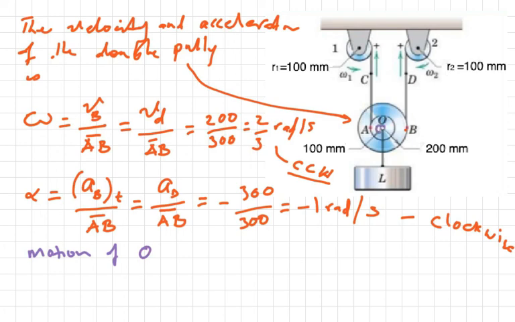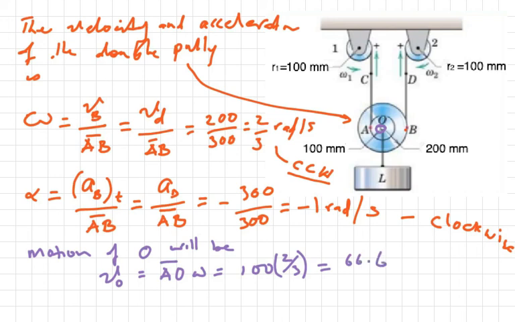Now we find the corresponding motion of point O, and the load. So v0 is AO multiplied by omega, which is equal to 100 multiplied by 2 over 3. That will give us 66.67 millimeters per second.